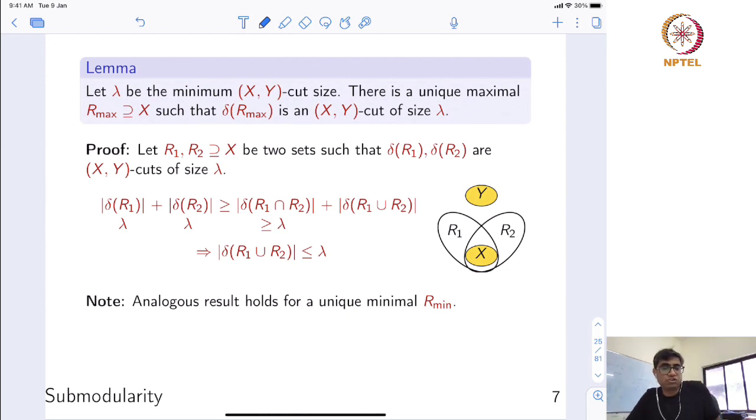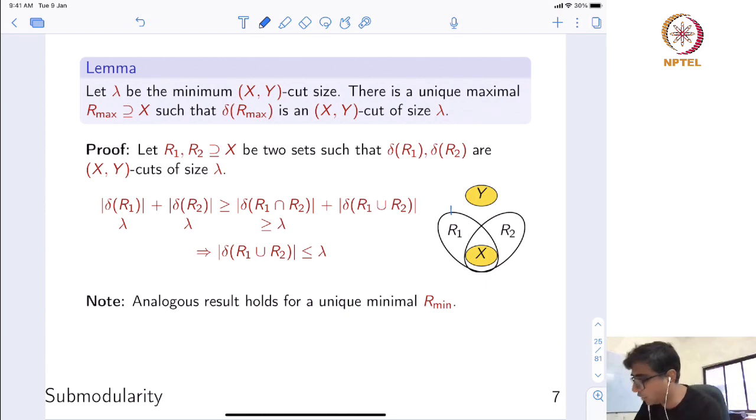What I need to show is that one of them contains the other. Both R1 and R2 are xy cuts of size lambda. It means that, looking at R1 and R2 as sets of vertices, each contains x and y is outside, because that is the definition of R1 and R2. What is the definition of R1? That it contains x, it doesn't contain y. R2 contains x, doesn't contain y.